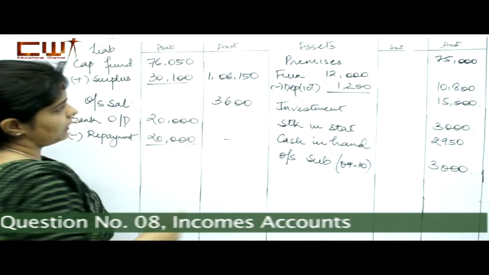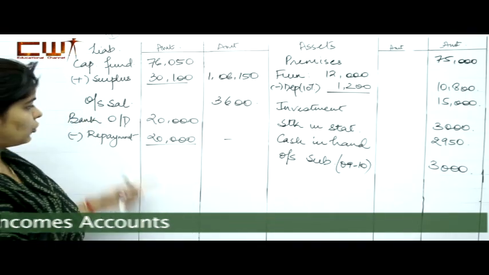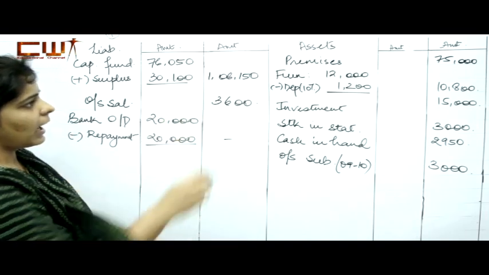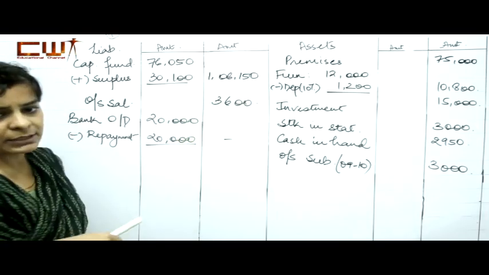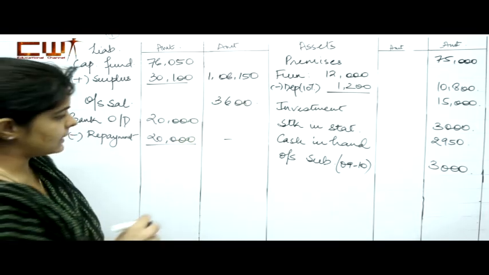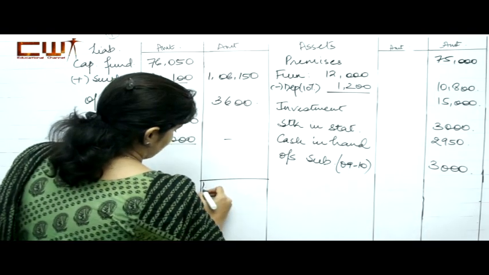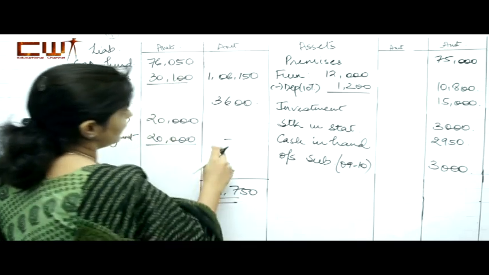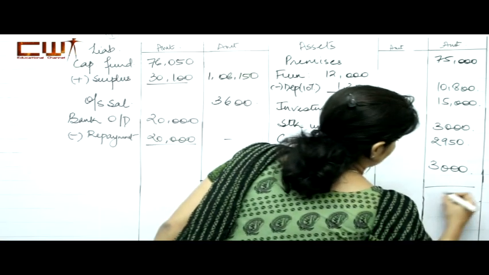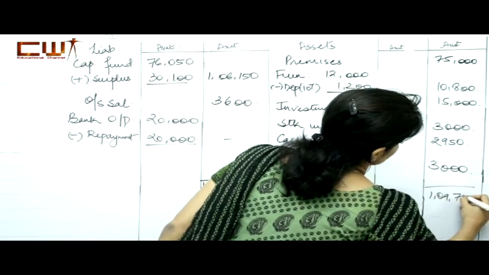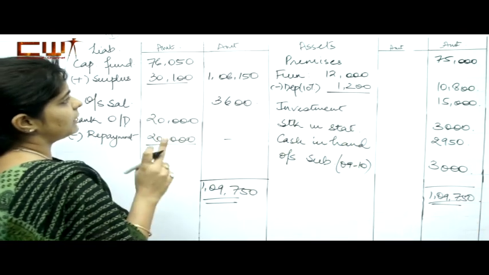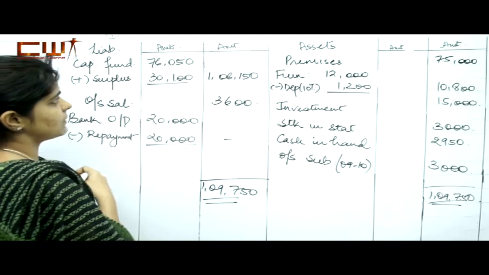So you remain with nothing, right? You had a liability of 20,000, you have paid it, so that is 0. Add up the asset side, add up the liability side, you will get 1,09,750. Here also 1,09,750. So this is the assets and liabilities, that is the balance sheet for the 7th question.